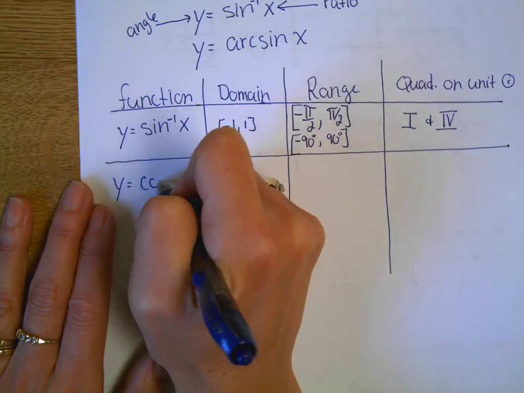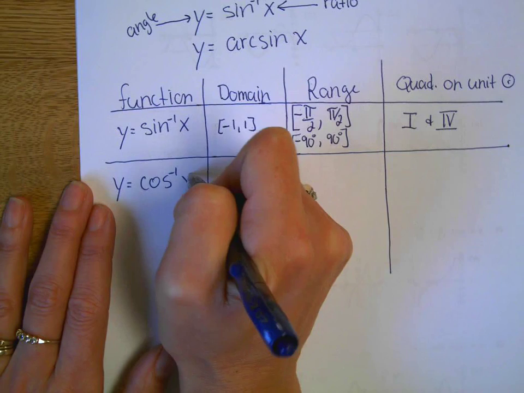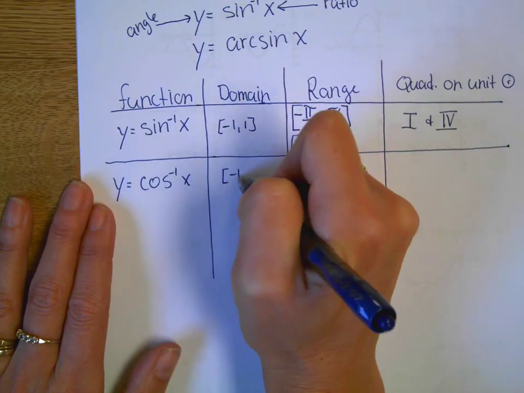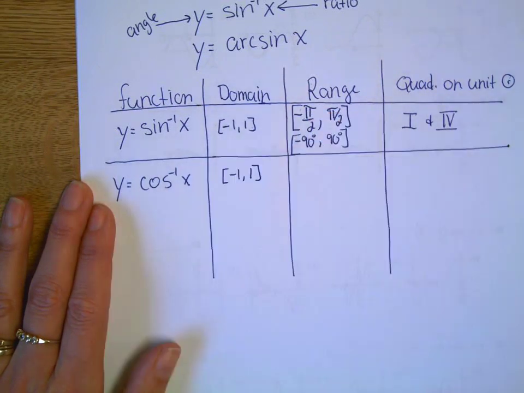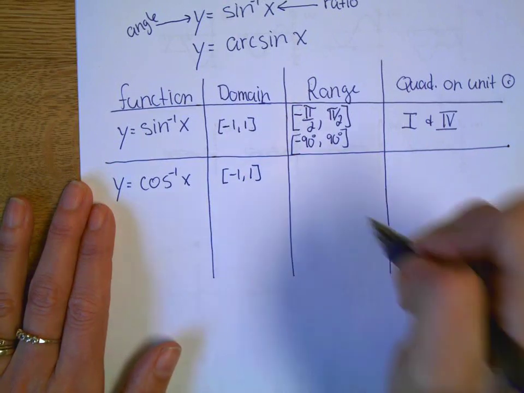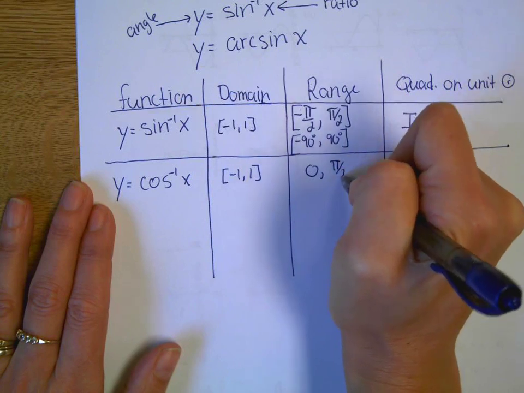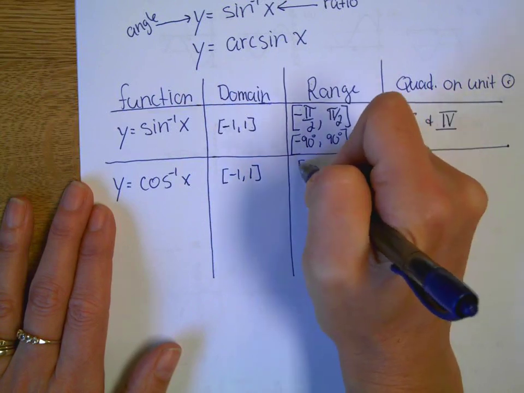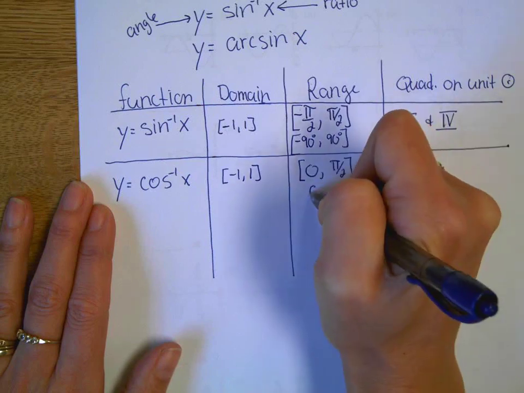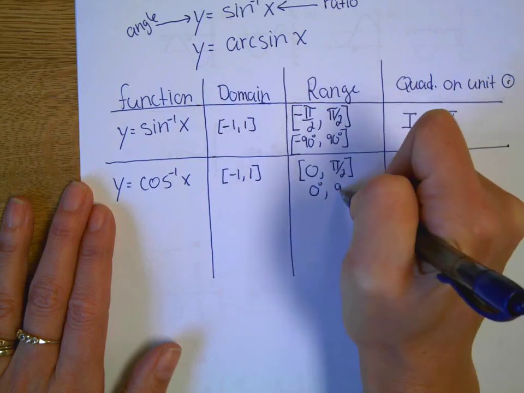Inverse cosine. Negative 1 to 1, because that's all the ratios can be. Here, the range is going to go from 0 to pi over 2, which means 0 degrees to 90 degrees.